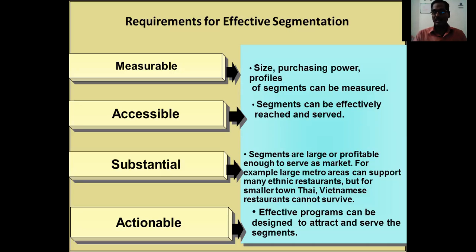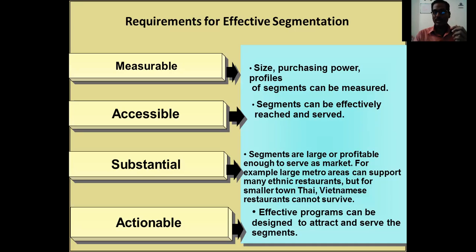But there are certain countries which may be smaller in size, like Japan and Singapore, but they have good purchasing power. So they are a very attractive market for luxury brands, like perfume, accessories like Gucci, and even automobiles. So purchasing power also plays a very important role.